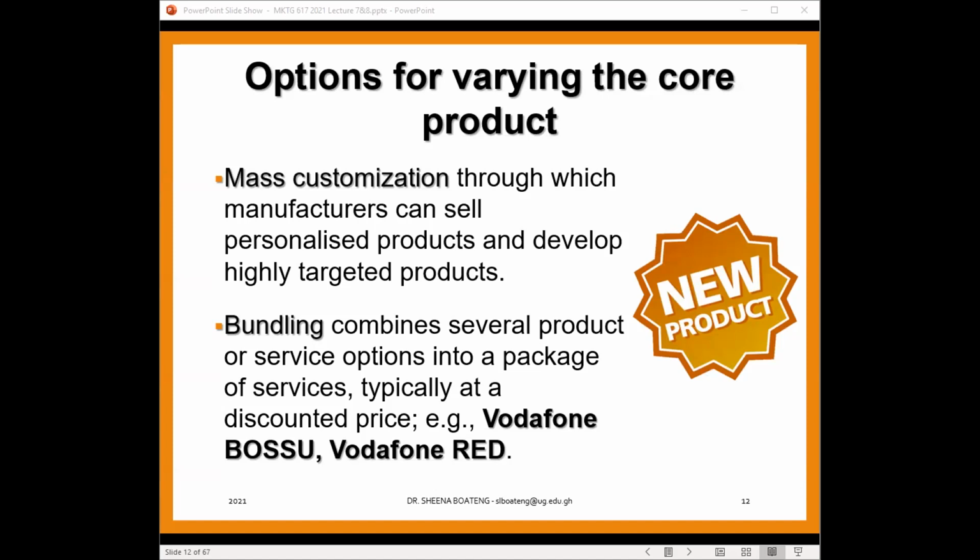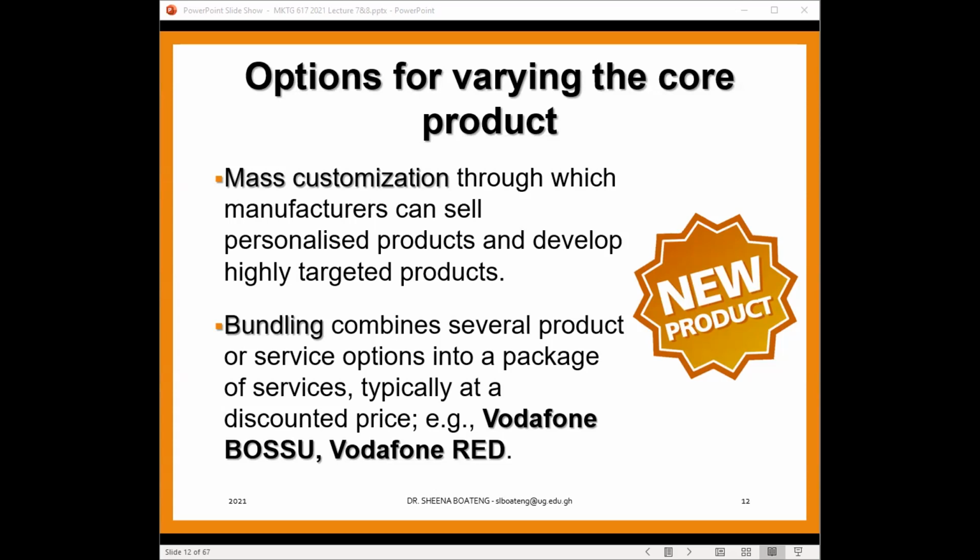So we have product bundles that sometimes consider people who are heavy users of data as against heavy users of airtime or vice versa. And they also sometimes put these bundles together based on the timings with which customers use these options, either data or airtime, heavily.